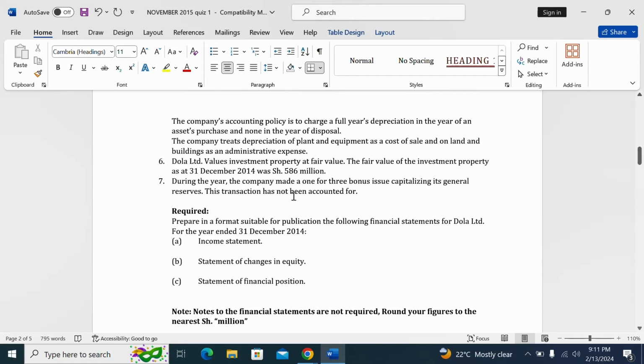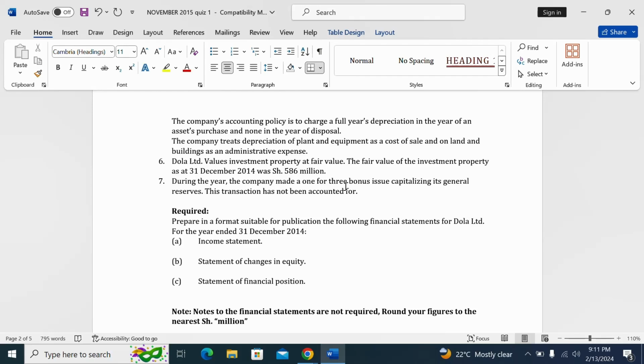This transaction has not been accounted for. Therefore, if a shareholder had 1 share, he was getting 3 more shares in form of bonus. The shareholder will be given 3 shares per share that they held in the company as bonus.